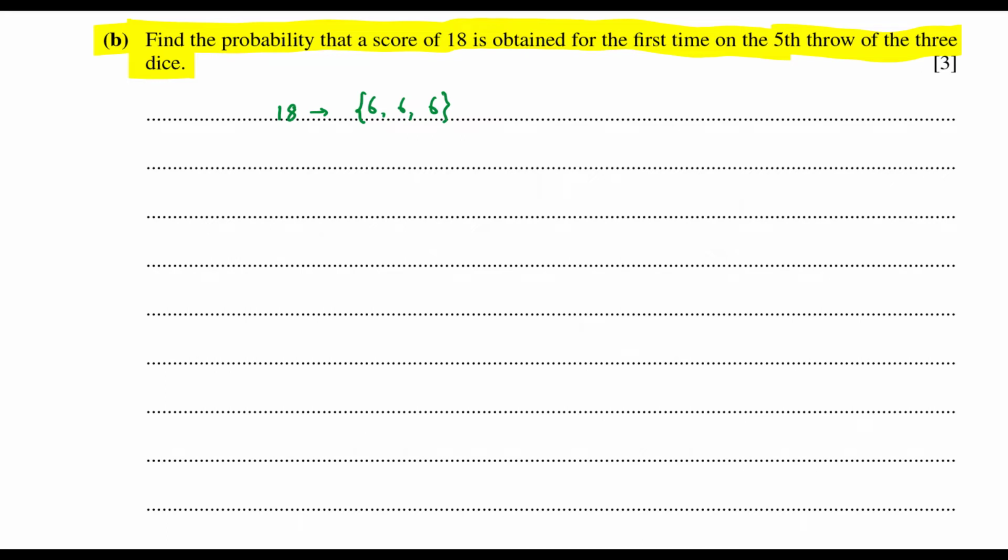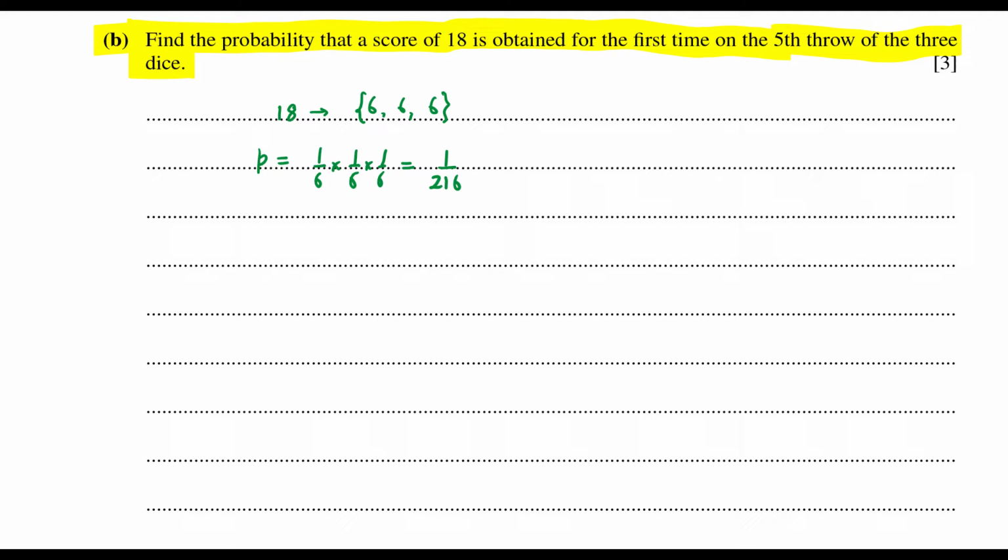Since they are asking for the first time on the fifth throw, it is geometric. The success probability of getting 18 is 1 by 6 into 1 by 6 into 1 by 6, so it is 1 over 216.